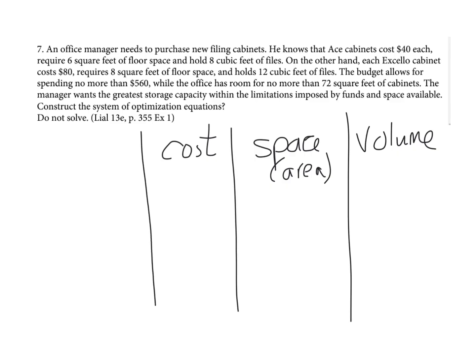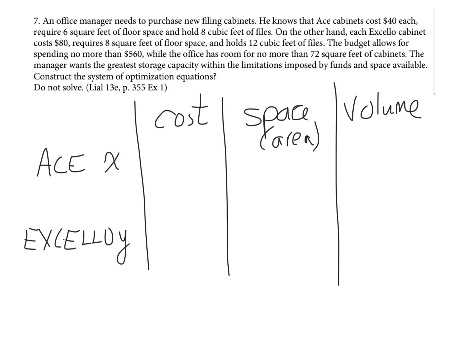We have two types of filing cabinet, and we don't have to buy all of one. We don't have to buy all ACE or all Excello, so it's not an either or. We're going to label the ACE ones X and the Excello Y. We know from the question that ACE cabinets cost $40 each, and Excello cost $80.